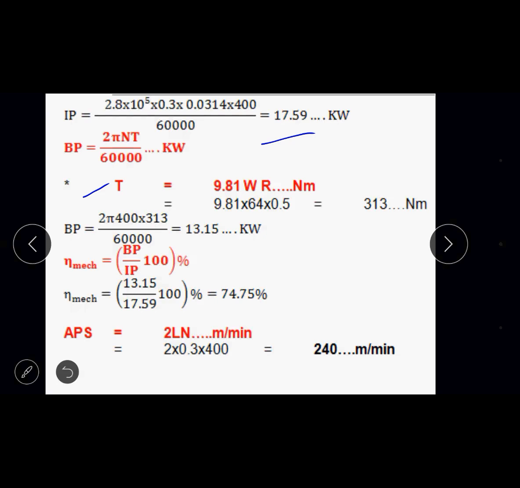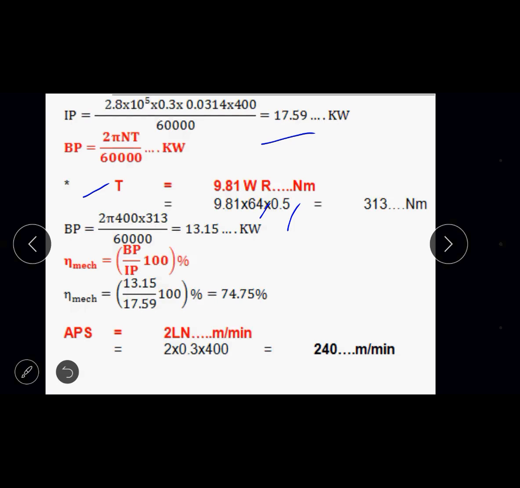So capital R, the effective radial distance, is the radius of the brake drum itself, which is half of the diameter, that is 1 by 2.5. Just substitute the W value and R value: 9.81 into 64 kg into 0.5 meter, the radius of the brake drum. You will get the torque as 313 Newton meter.